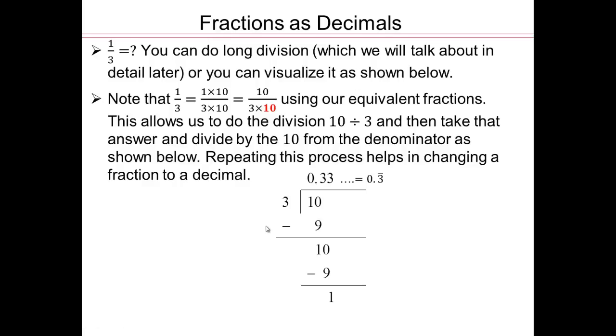So 3 goes into 10 how many times do you think? 3 goes into 10 3 times. 3 times 3 is 9. You're left over with 1. The division by 10 is what allows us to keep on going, and we have the number 3, 3, 3 repeating. So then 0.3 bar is the repeated decimal expansion of 1/3.